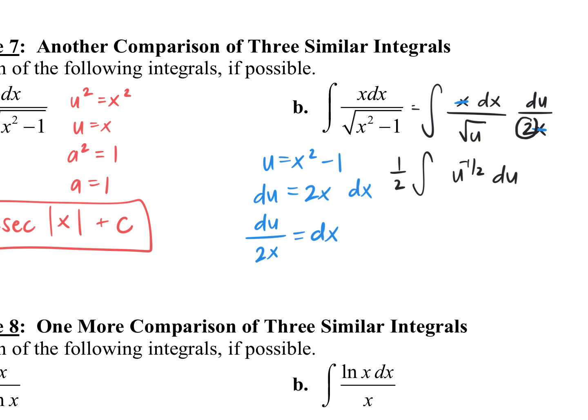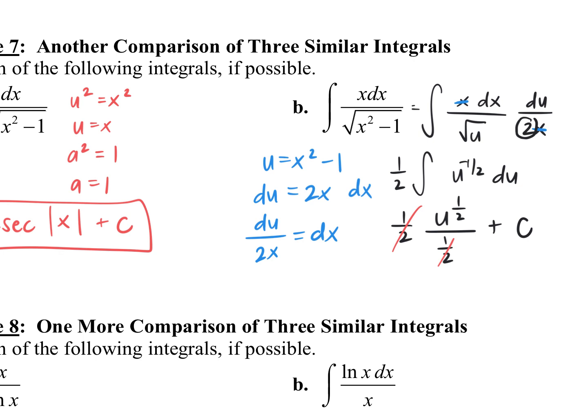If I integrate something to a power, I add 1, so I'm going to have u to the 1/2 power divided by 1/2, plus c. And if I have a 1/2 out in front and I'm dividing by 1/2 as well, that goes away, right? So I'm just left with u to the 1/2 plus c.